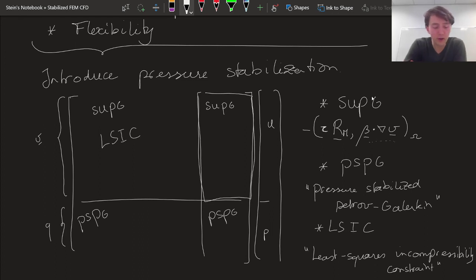Okay, and we're going to go into a little bit more depth on each one of these stabilized methods for this weak formulation. Specifically, we're going to go into more depth on the PSPG and LSIC methods.